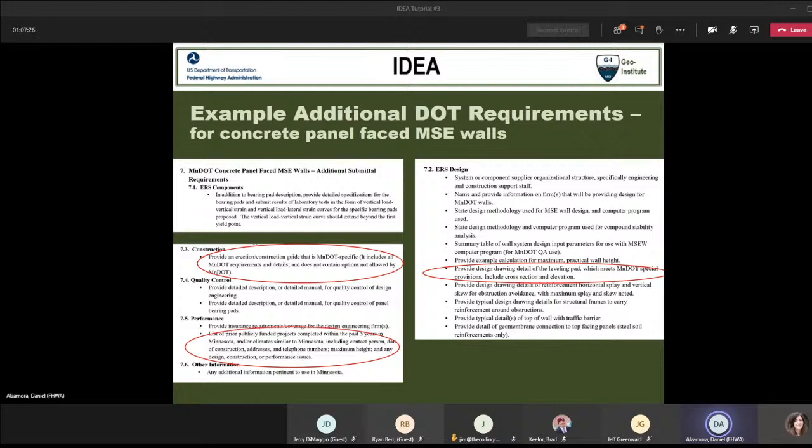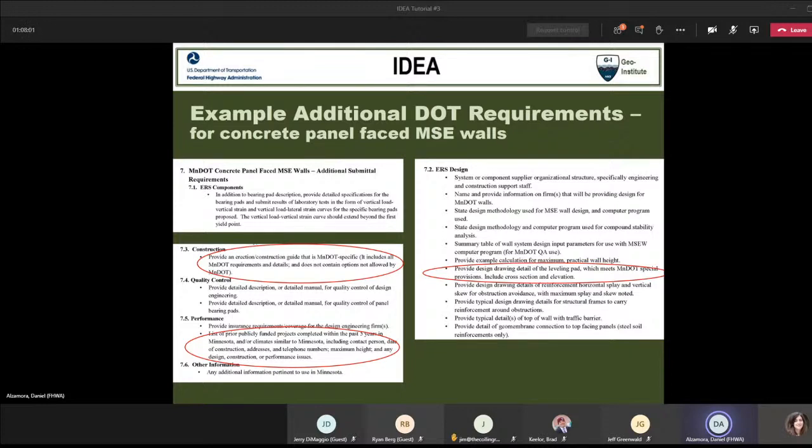On the other hand, hopefully the state DOTs can look at these evaluation protocols and the additional requirements and take a real good look at how to make this process a little bit more efficient in what is required, and try to remove some of the redundancies in the requirements for the state DOTs to help optimize the process.